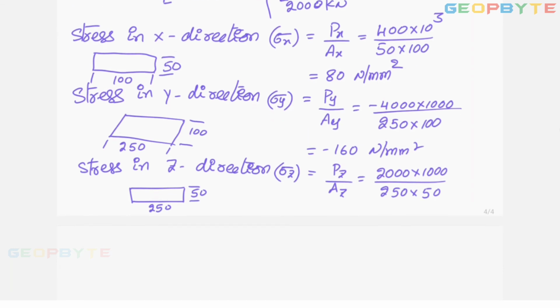Simplify this value to get stress in z direction as 160 Newton per millimeter square.